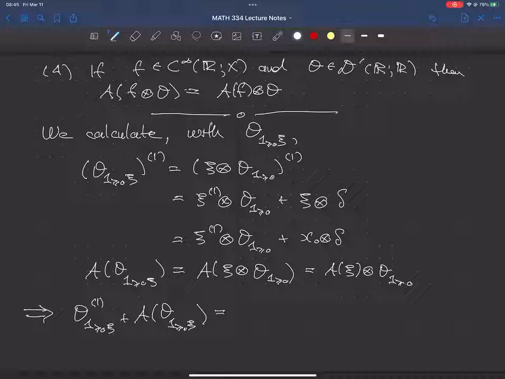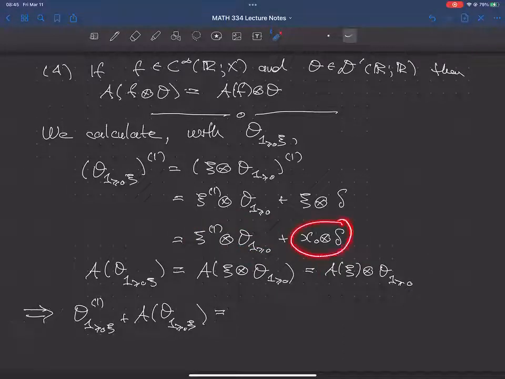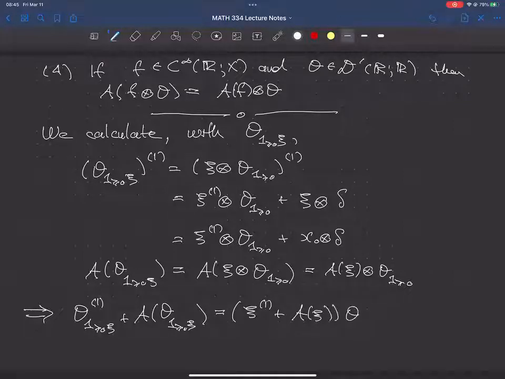All right, so now it's just a question of substitution. I have this term here, and I have this term here, and then separately I have that. So it is C1 plus A C tensor theta 1 greater than 0 plus x naught tensor delta. All right.